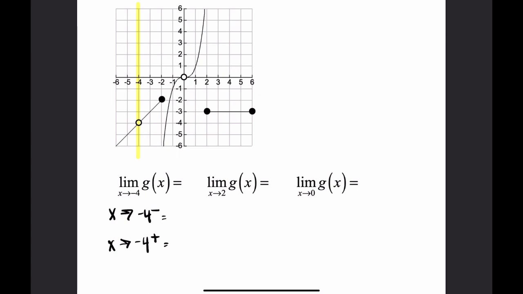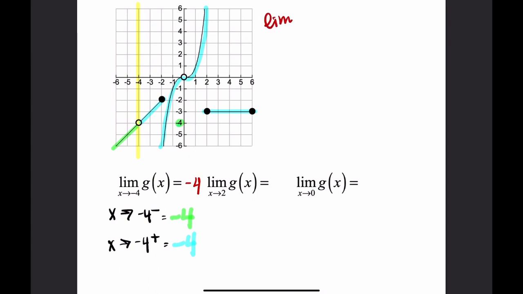Okay. So as I look at this from the left side, I'm getting really close to my y value of -4. And from the right side, I would trace all of this and get to the same y value of -4. So because the left side and the right side match for this particular function, I would say that the limit of g of x as x approaches -4 is -4.